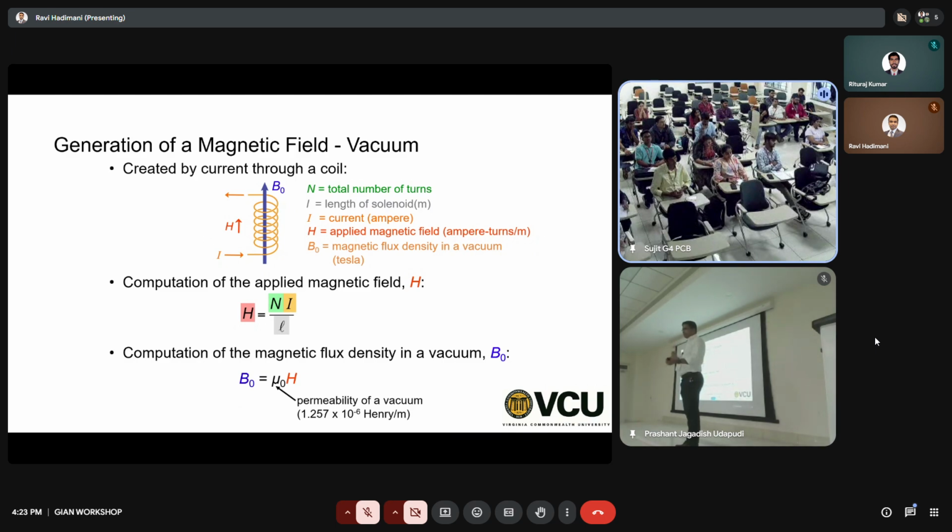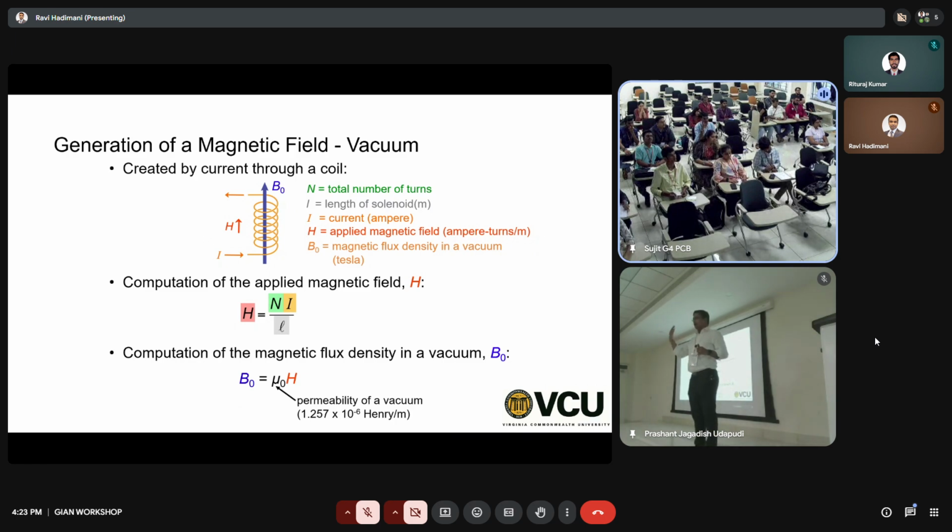Similarly, if you apply a magnetic field to a non-magnetic material, nothing happens. But if you apply a magnetic field to a magnetic material, which is ferromagnetic or paramagnetic or ferrimagnetic or diamagnetic, these are different types of materials which we'll cover, then you get B, which is like the current.